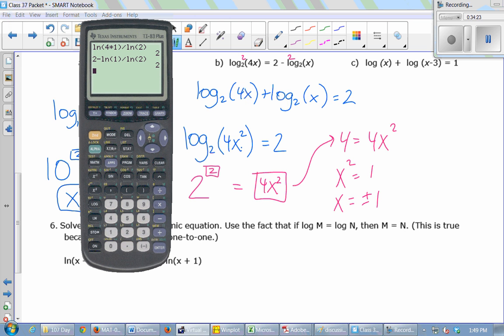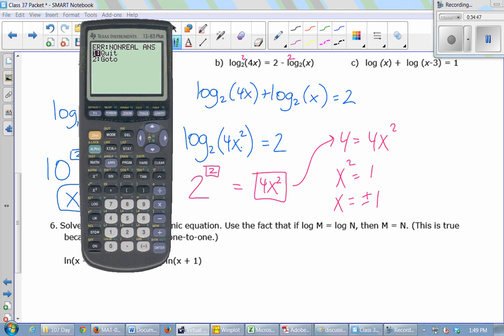Let's try it when I plug in a negative 1. All right, so I'm going to do the ln of 4. Instead of 1, I'm going to put a negative 1. And I get an error. What's the problem? You can't take the log of a negative number. Yep.